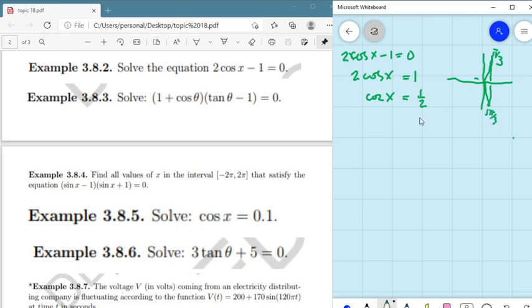So that's why we can conclude that x could be equal to pi over 3 plus 2k pi, wherein k is an integer. The k can be any number. It is still correct, because of the 2k, you can multiply it by any number: 2k, 4k, 5k, 6k, and so on.